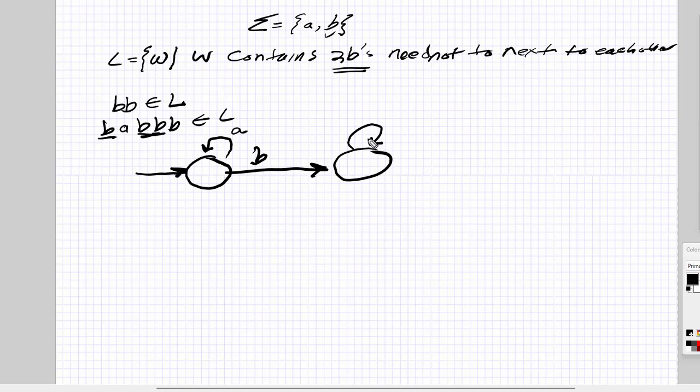If I read another A, I don't go anywhere. Remember, we need two B's, not consecutive, they're not next to each other. It can be B, A, B, or B, B, A, B. So if I read another B, now I've got a B and another B. So that's the accepting state.